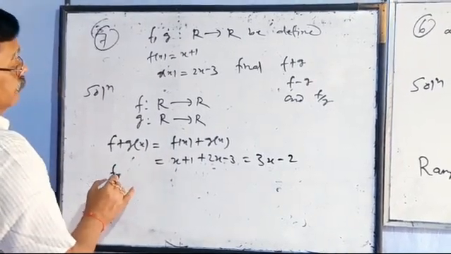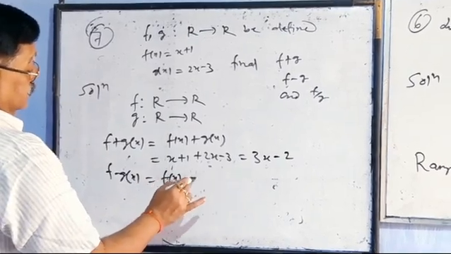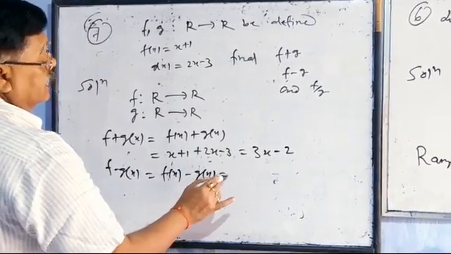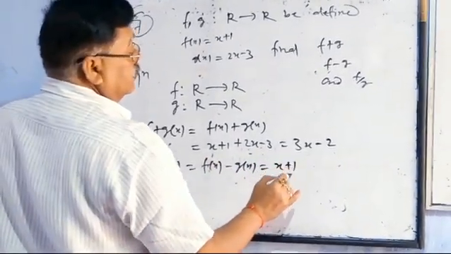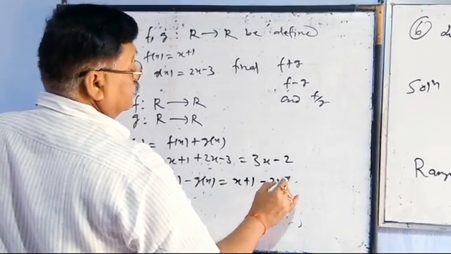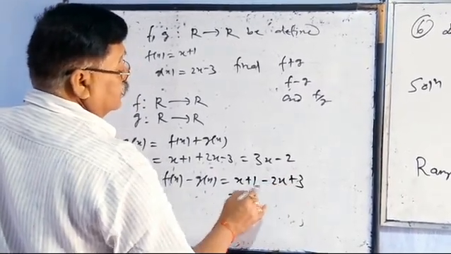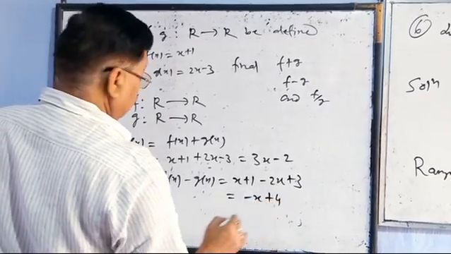(f - g)(x) is equal to f(x) minus g(x). f(x) is x + 1 and g(x) is 2x - 3, so minus 2x plus 3 gives minus x plus 4. This is the value.